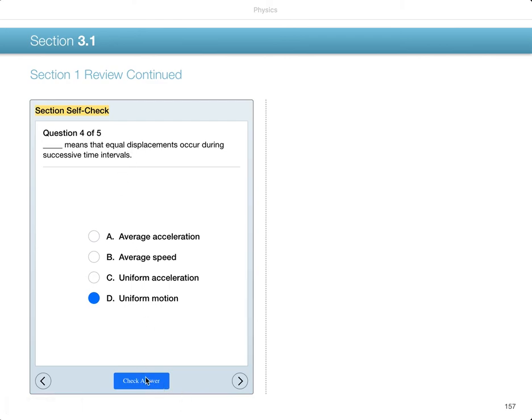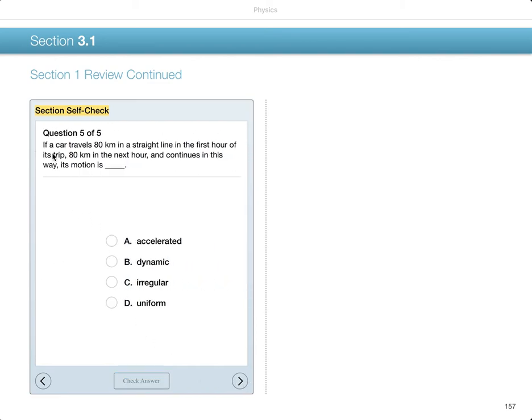So if you have equal displacements, you have uniform motion. If a car travels 80 kilometers in a straight line for the first hour of its trip and 80 kilometers in the next hour and continues on this way, then its motion is quite uniform because it has the same displacement every time interval.